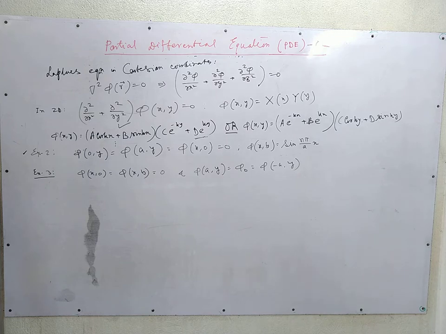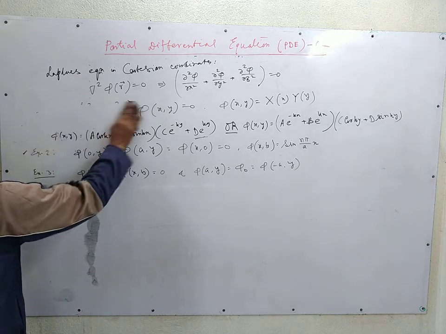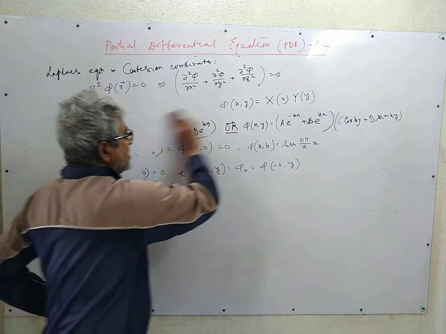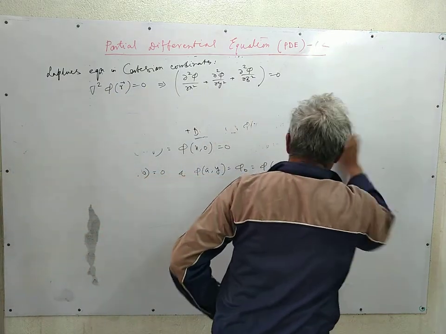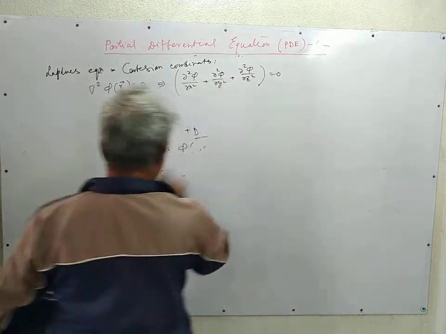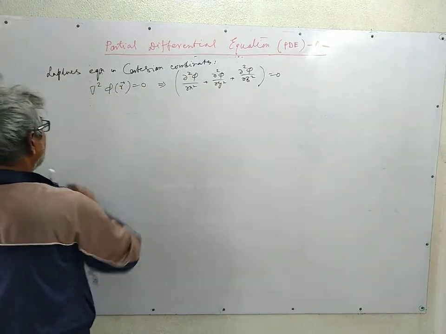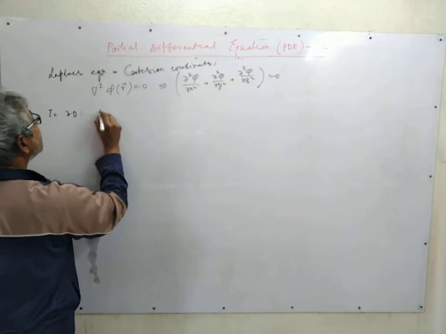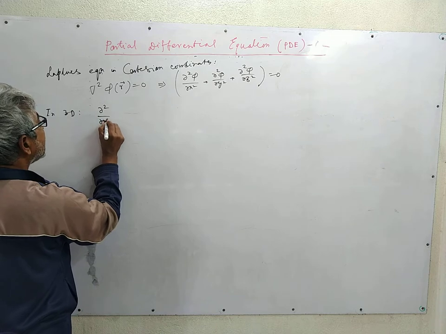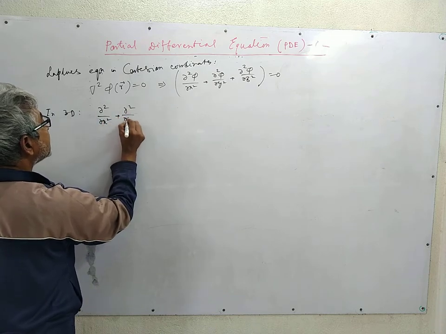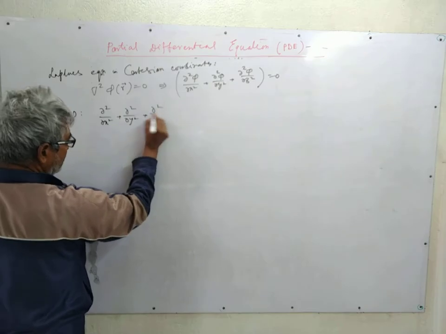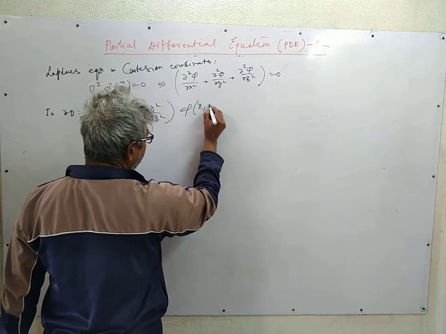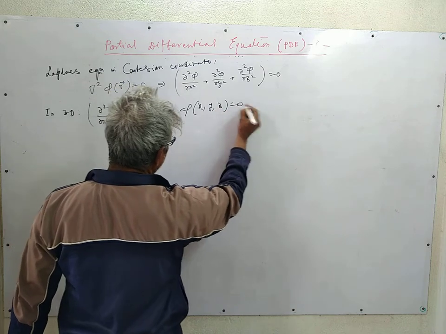Now I come to Laplace's equation in 3D. In 3D, the equation is del 2 by del x2 plus del 2 by del y2 plus del 2 by del z2 of phi of x y z is equal to 0.